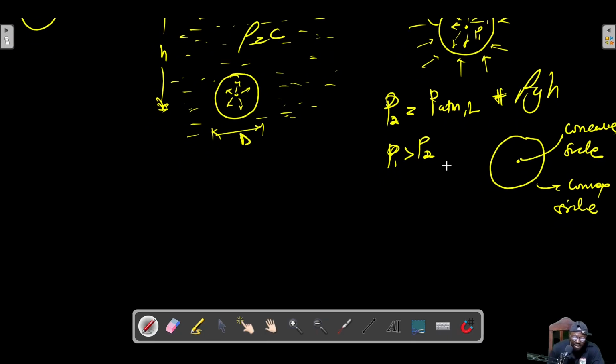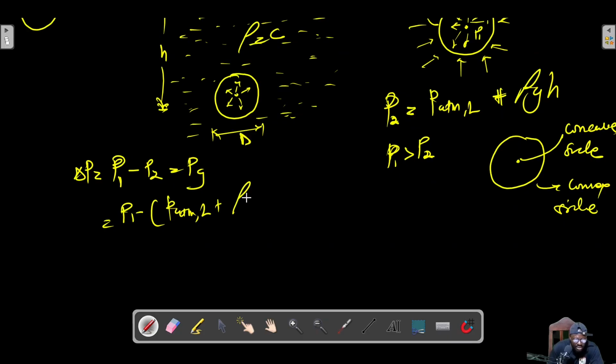There will be pressure discontinuity, so you can find the change in pressure. The change in pressure will be the greatest pressure, P1, minus P2. This is basically your gauge pressure, and it is P1 minus P_atm local plus rho g h.